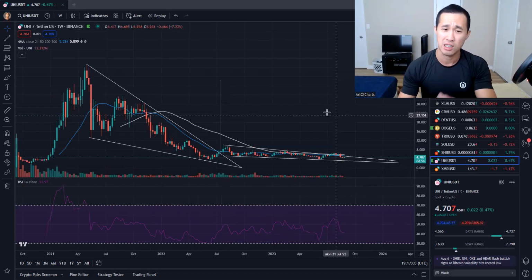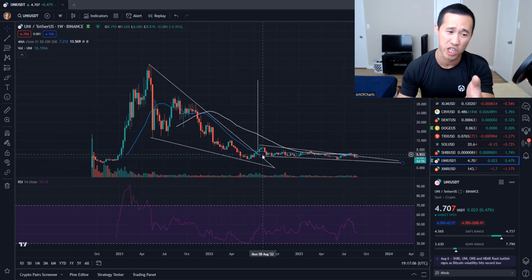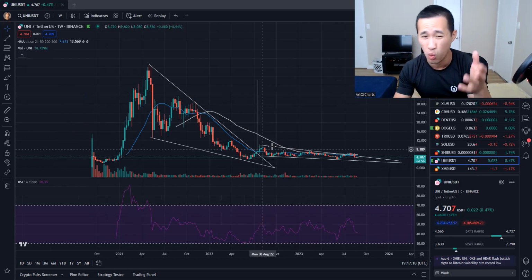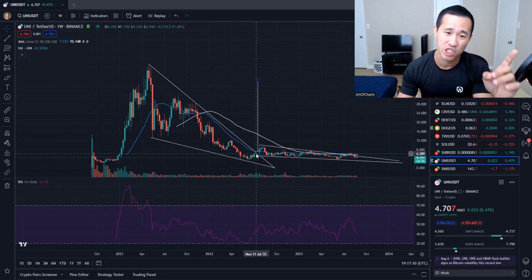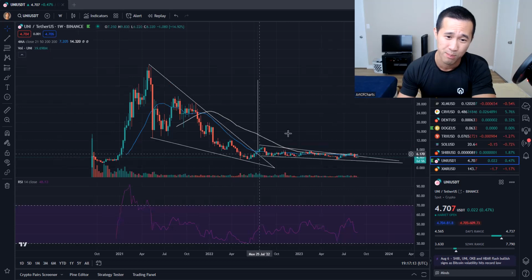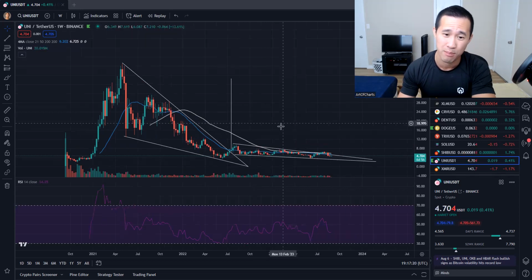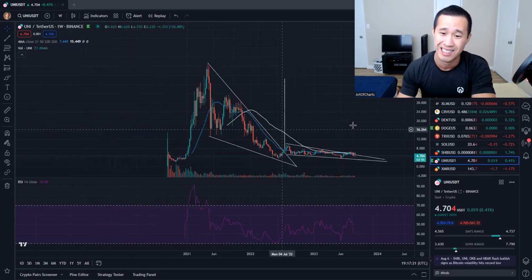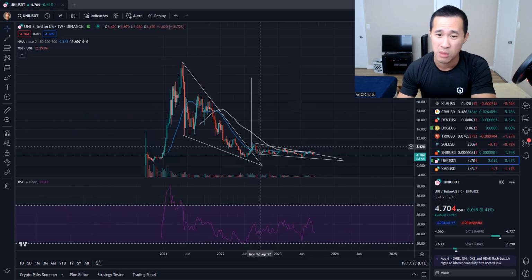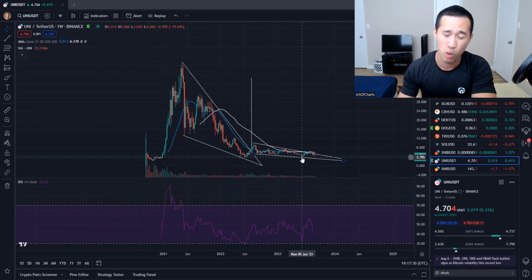So as you guys can see, this is on the weekly time frame. Each candle is one week's worth of time. Price action broke out of this pattern basically last July. So it's been over a year and price action has just been going sideways, even coming down to the previous low here at almost 3.7.